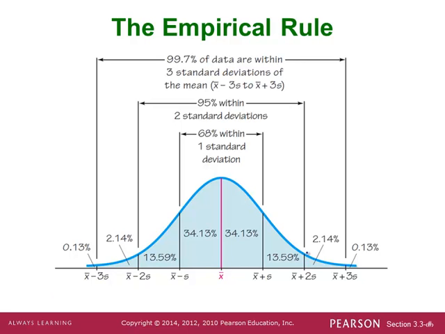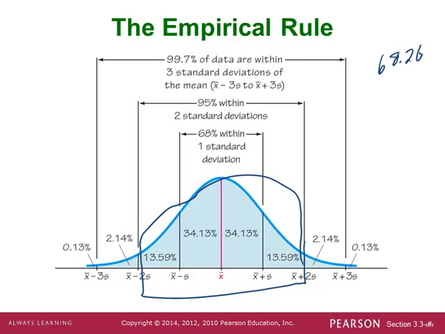Now, if you were to add up these percentages here, so 34.13% plus 34.13%, 68.26%. And then add up the 13.59% plus 13.59%, you'd have what, 27.18%.